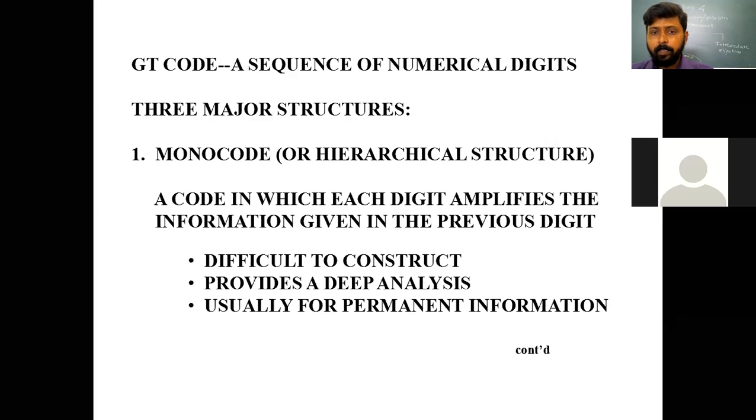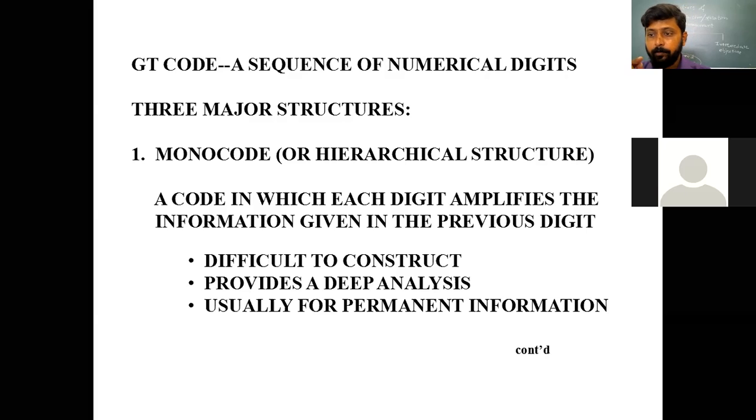Now, there are different types of coding systems, how the GT codes, group technology codes, are given. Let us discuss one by one. First is called monocode, or it is also called hierarchical structure. In this case, what happens? It is a code in which each digit amplifies the information given in the previous digit.